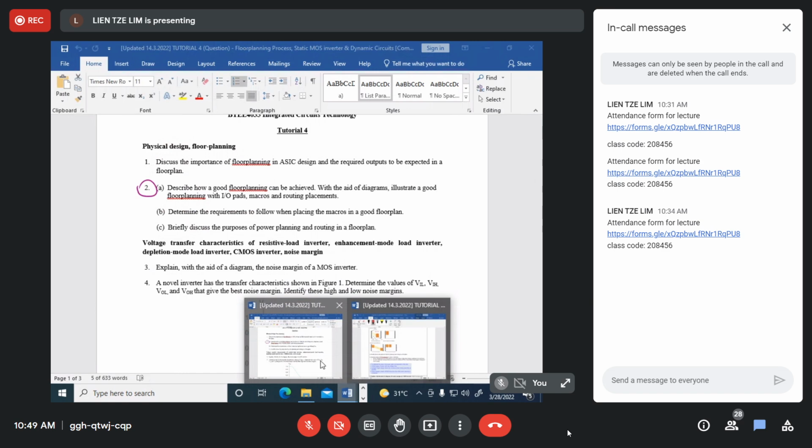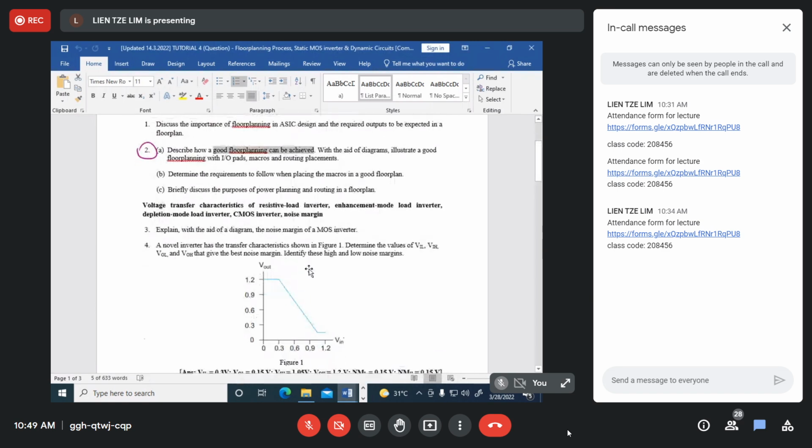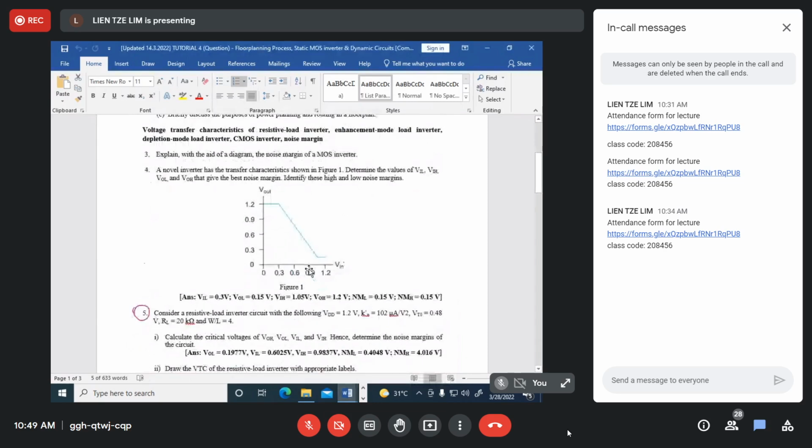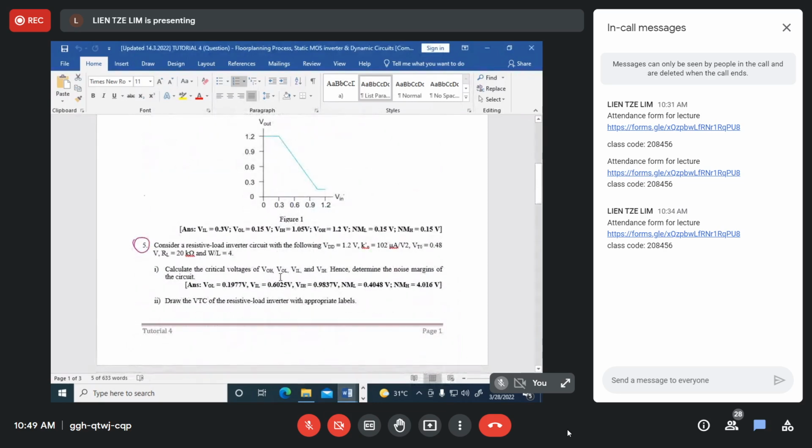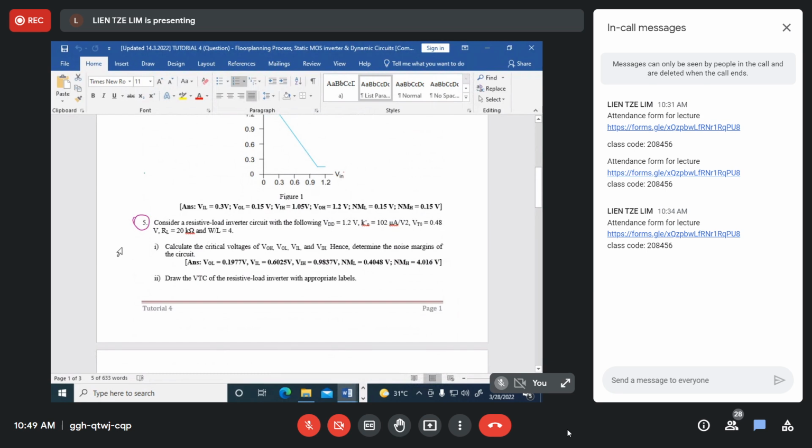Now the next question will be question 5, which is on calculations. Consider a resistive load inverter circuit with the following: VDD equals 1.2 volt, K prime equals 102 microampere per volt squared, and the threshold voltage is 0.48 volt.